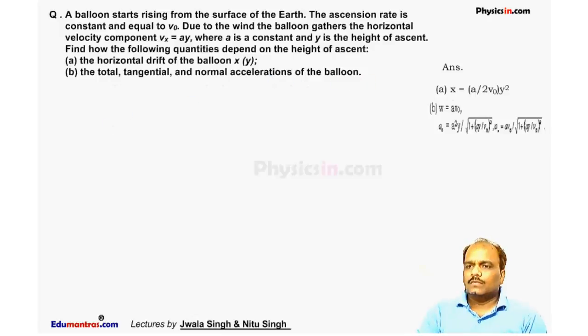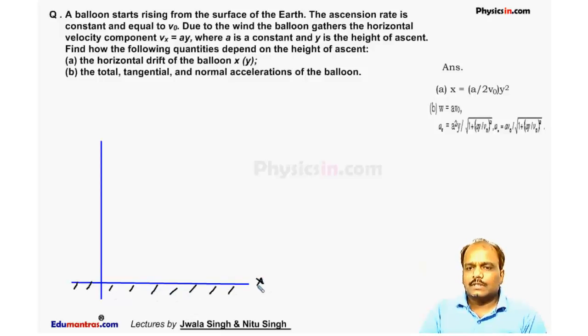Now first thing, we'll draw our x-axis. This is our x-axis. Let this be our y-axis. Let this be our ground, which is along x-axis. Let at t is equal to 0, the balloon starts its motion from origin.